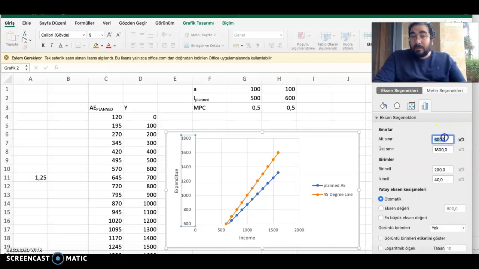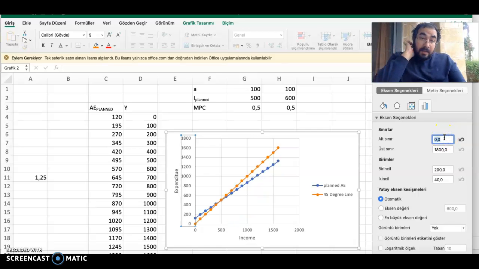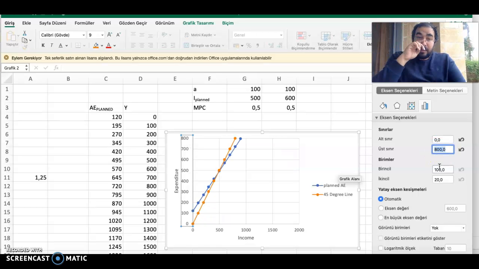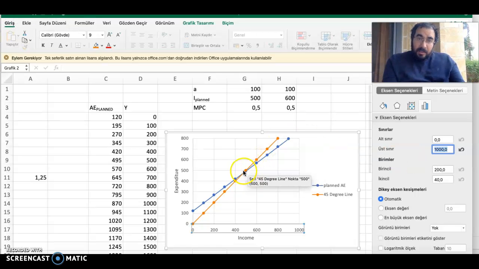Let's make starting point 0. You can see now, this is my aggregate expenditure spending. This is my 45-degree line. To be more clear, you can see the equilibrium point. You can do it like this. So here now you can see the equilibrium point, which is 500 basically. Which is interesting actually.